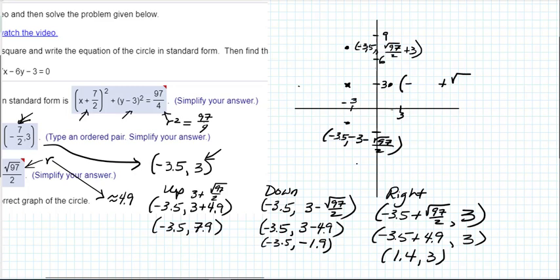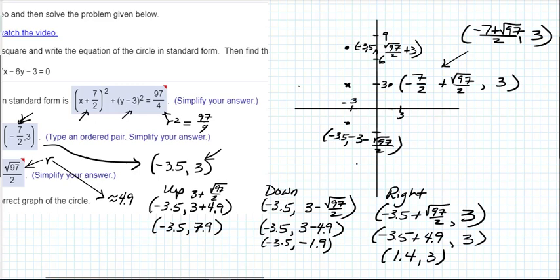Remember, negative 3.5 was negative 7 halves, right? So negative 7 halves plus the square root of 97 over 2, comma 3. I don't know how they do it in MyMathLab. They might have written it as one big fraction, (negative 7 plus the square root of 97) over 2, comma 3.